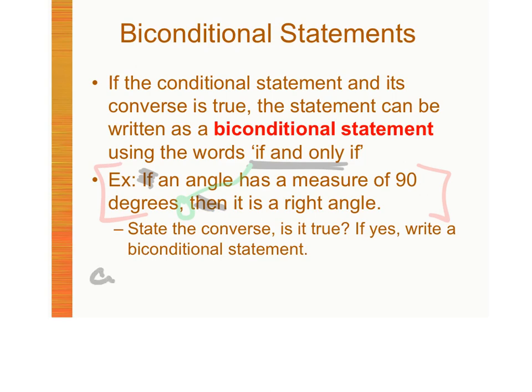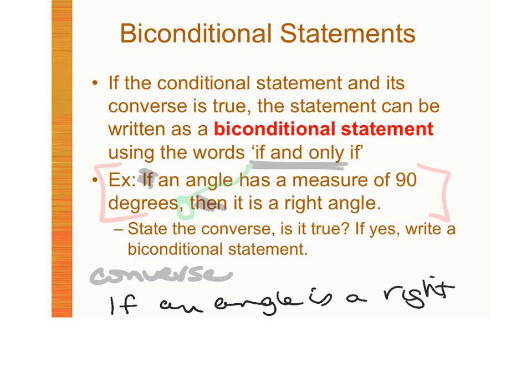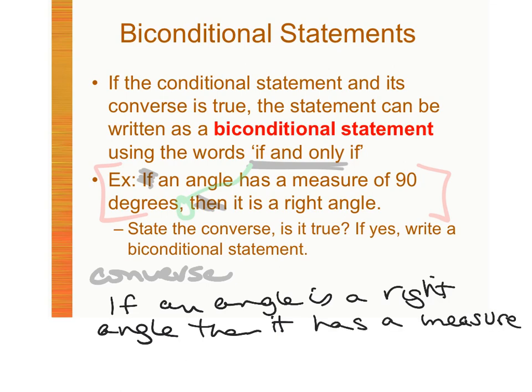So my converse is going to be, if an angle is a right angle, then it has a measure of 90 degrees.